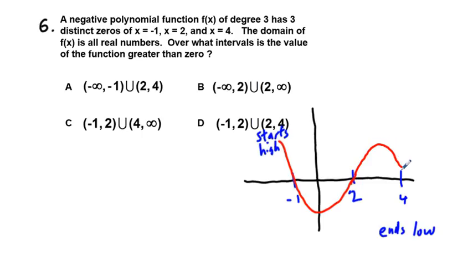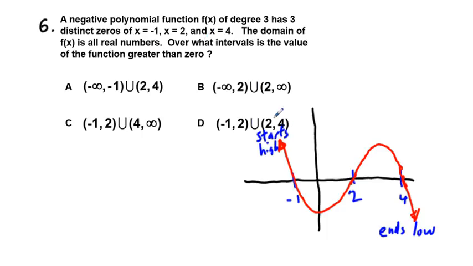That's going to look more like it. It touches x equals 4 and then continues on down like this. So that's a diagrammatic sketch. It's not to scale, but we're asking at what intervals is the value of the function greater than 0?